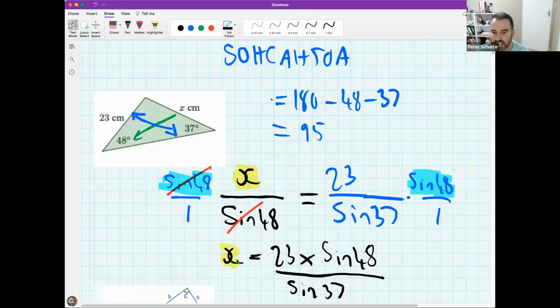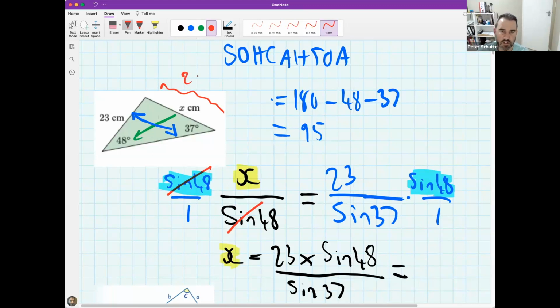Now, we need our calculators to help us here, but can you help me find the value of x, which is basically the length I was looking for? So pop that in your calculators, and what do you get? So 23 times the sine of 48 over the sine of 37.